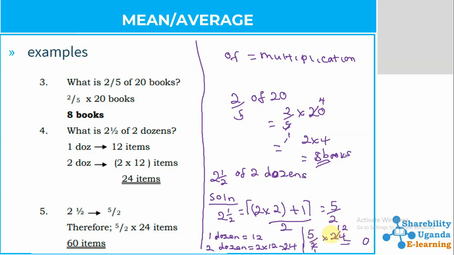We are saying 5 times 2, which is 10. We write a 0. Then we say 5 times 1, which is 5. Then plus 1, we carry it, becomes 60. So here the answer is going to be 60.